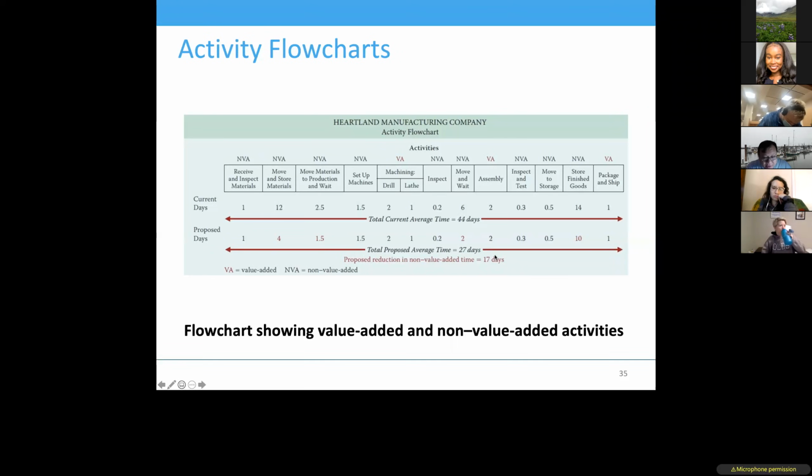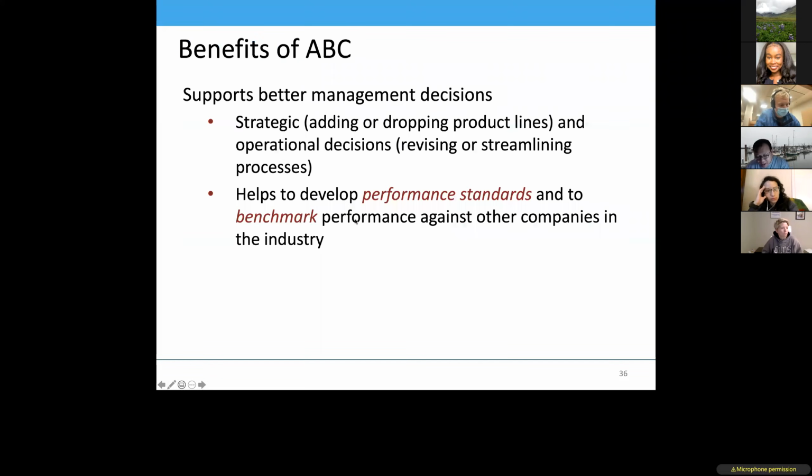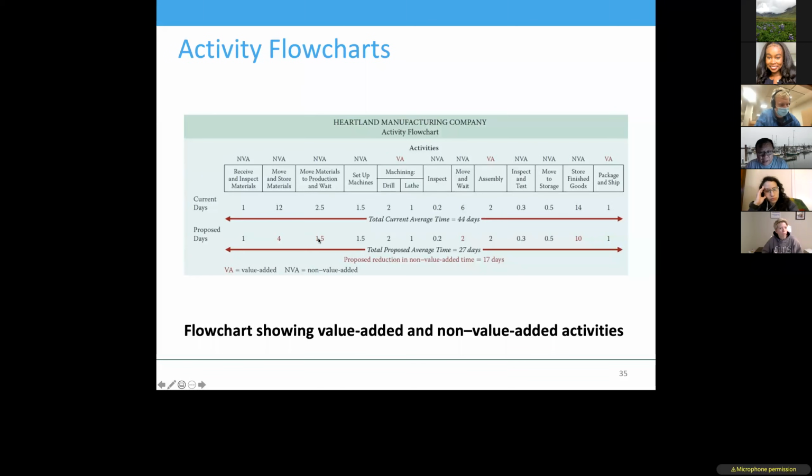If it takes 2 days, let them use the 2 days. If you make it 1 day, then they are in a rush. They may make mistakes. But for the other parts, like moving materials to production and the wait, maybe what's the reason for the waiting? Why do they have to wait? Maybe you should cut off that waiting time by 1 day.